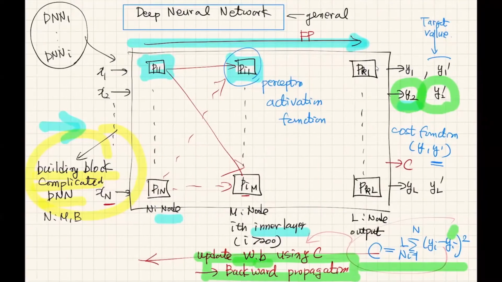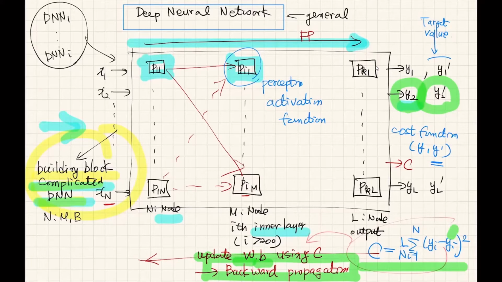And then in the previous case, I showed some example of a very simplified deep neural network, and I showed you the diagram to give you an idea about the general structure of a DNN. And multiple DNNs will be combined together to make a very complicated DNN.